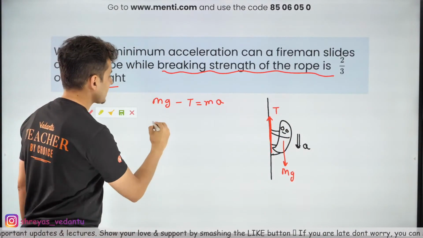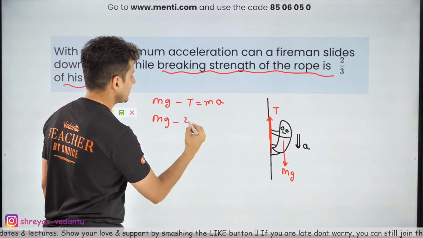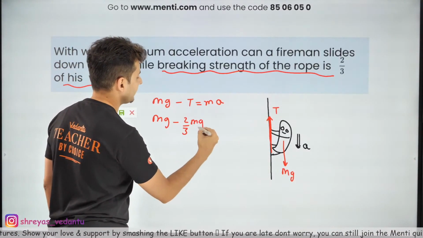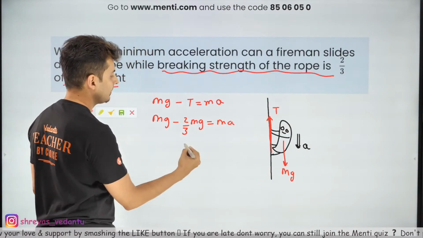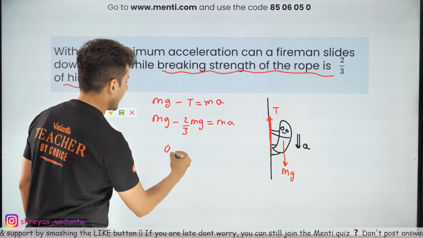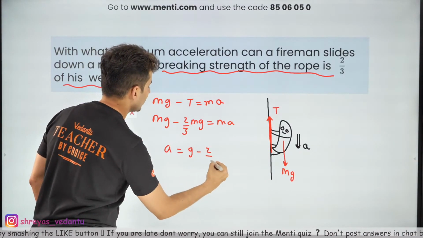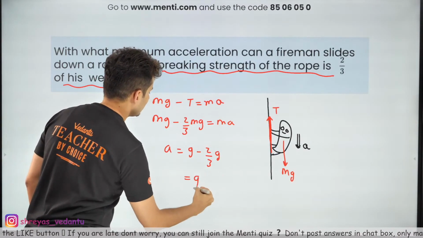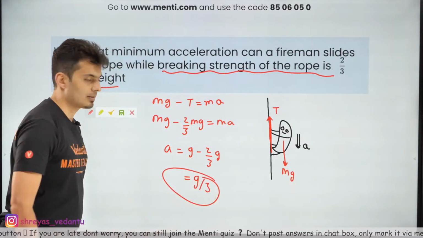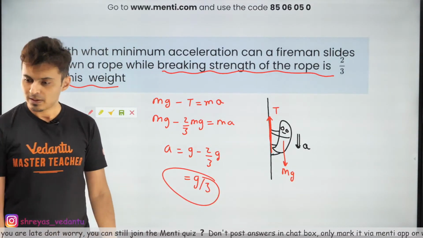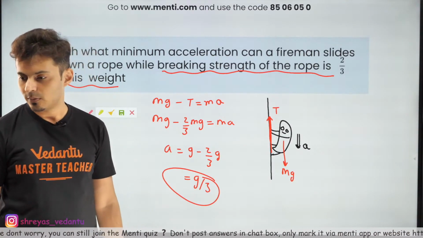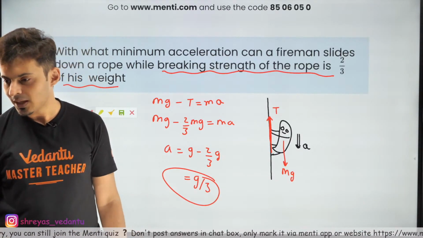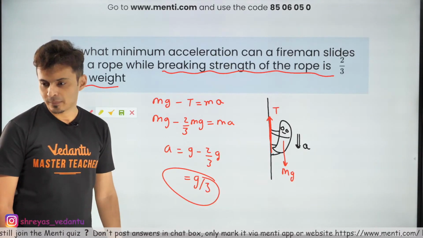That means this tension is 2/3 of his weight. Correct? That's what is given. So acceleration will be g minus 2/3 of g, which is g by 3. That is the answer. Correct. Okay, very good. Excellent. Let's get going.